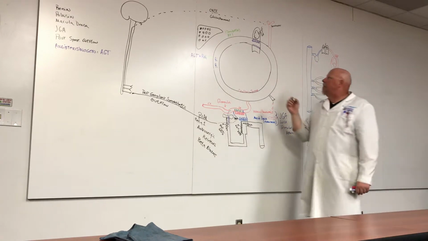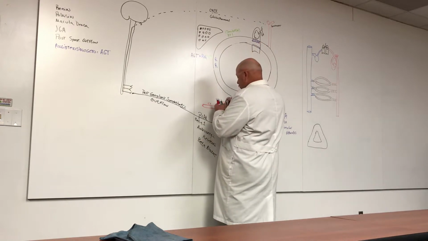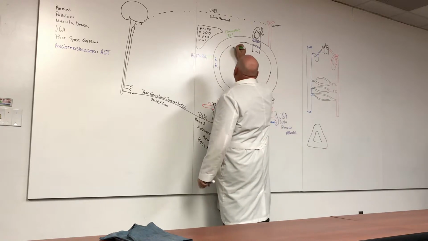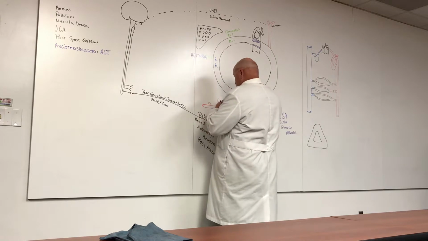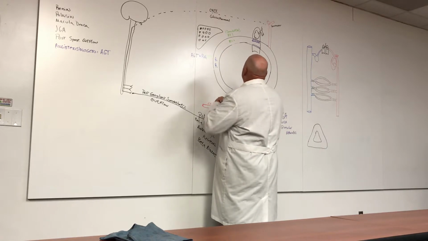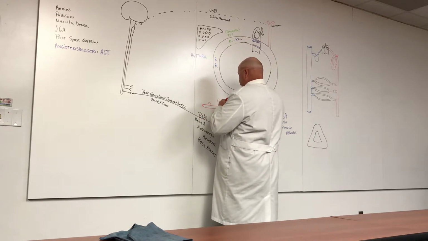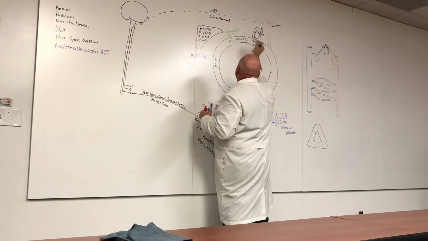Okay, that is ACE. So angiotensin 1 plus ACE yields what? AT2. Angiotensin 2. Okay.